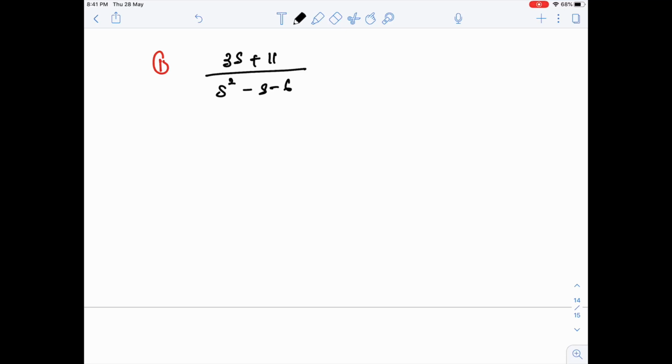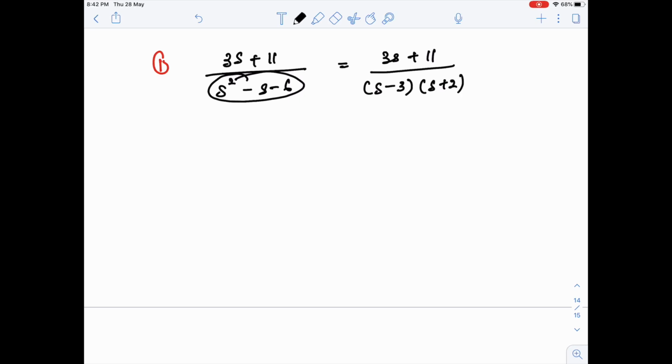Before we go for the partial fraction, we need to check whether the denominator can be reduced to linear factors or cannot be reduced, which means it's irreducible. You may find the roots, and then you will find that the denominator is actually (s minus 3) and (s plus 2).